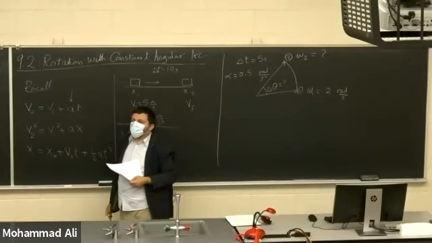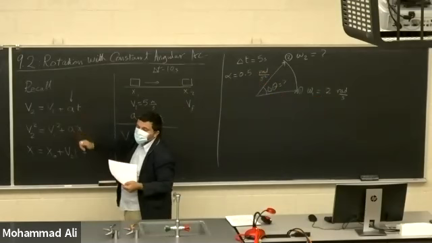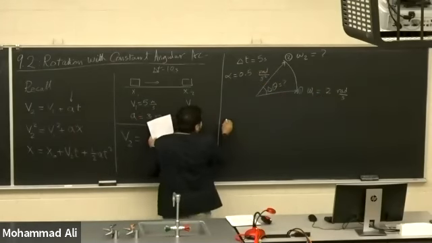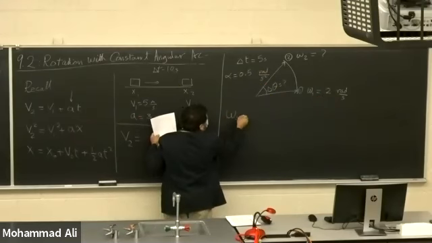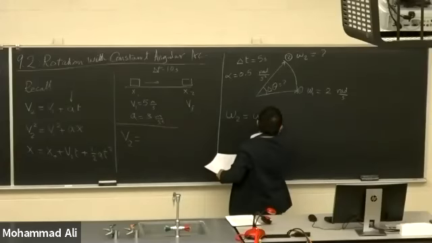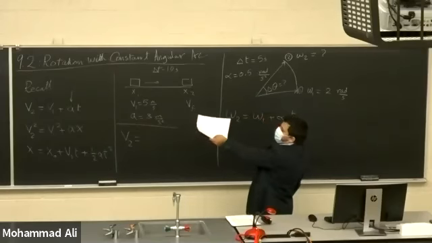As I told you from before, we have the same set of equations for the angular motion. Omega 2 is equal to omega 1 plus alpha t, just like V2 equals V1 plus acceleration multiplied by t.